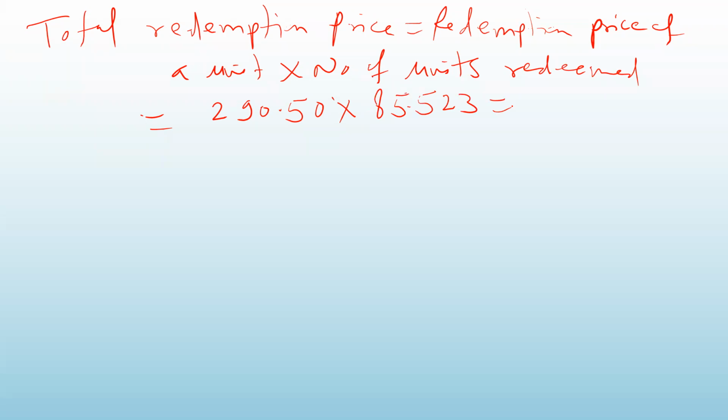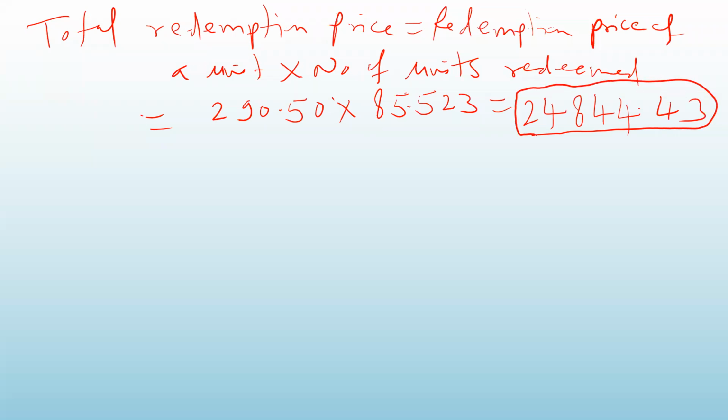How much will you get? 290.50 multiplied by 85.523 gives 24,844.4. See, this is the total redemption price. So this much amount he has received after redeeming all the units.